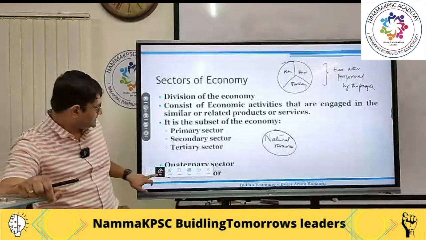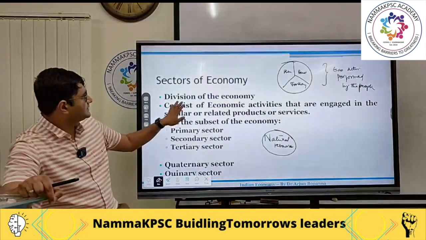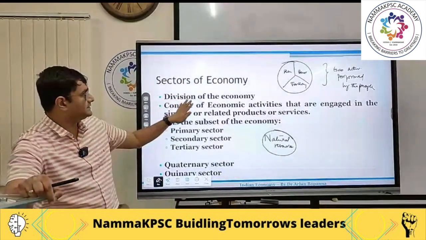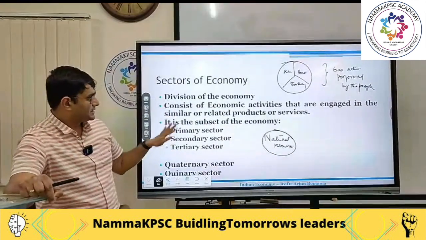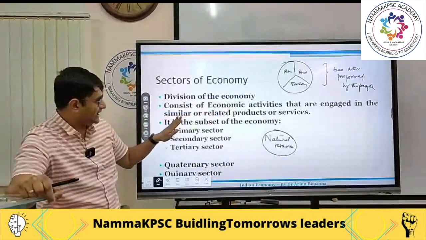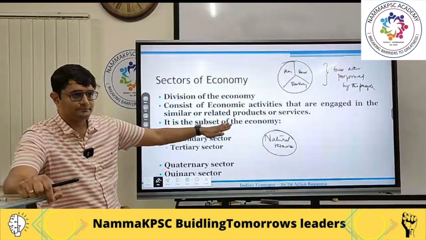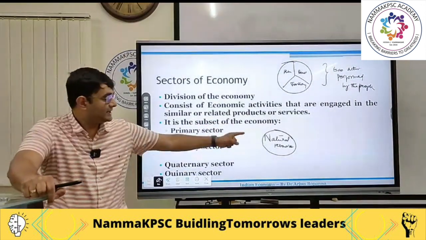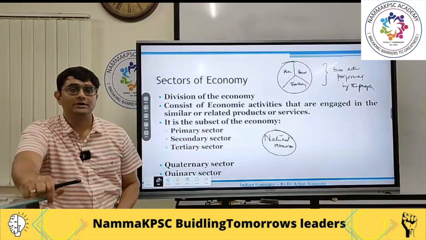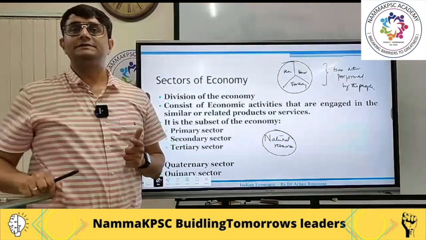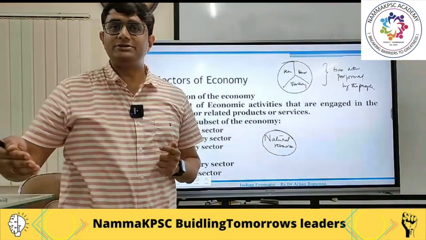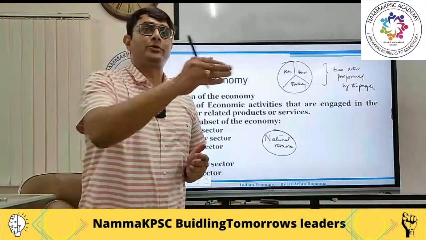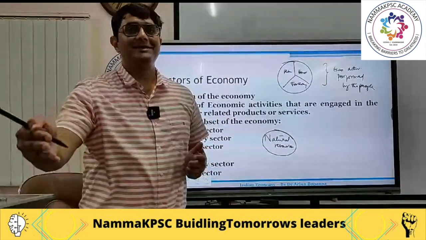I think the definition is there. If you have written this: sectors of the economy, meaning divisions of the economy, consist of economic activities that are engaged in similar or related products or services. The primary sector is directly related to natural resources. The secondary sector means those sectors which use products produced by the primary sector.